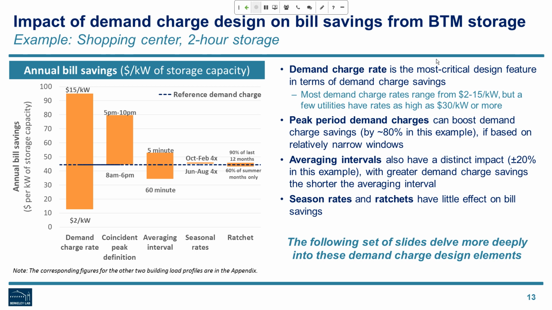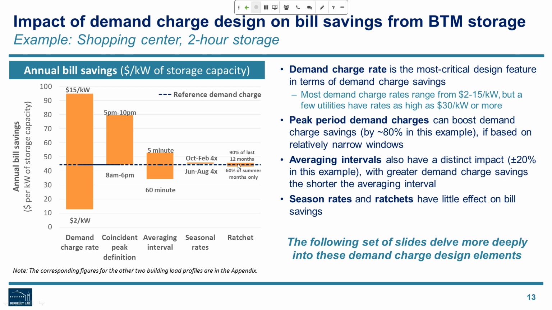So the figure here on the left shows the annual bill savings in dollars per kilowatt of storage capacity for a number of demand charge designs, including the demand charge rate level here on the left, the coincident peak definition, the averaging interval, whether they're seasonal rates, as well as the presence of ratchets.